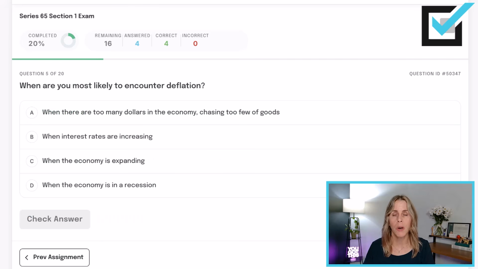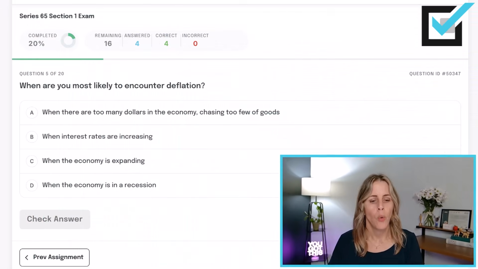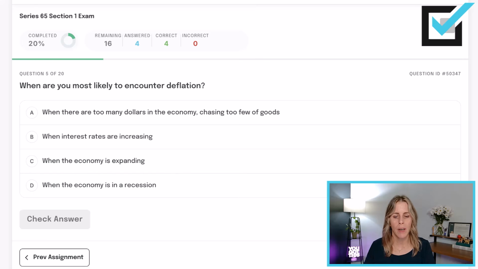When are you most likely to encounter deflation? Deflation, when things cost less, when there are too many dollars in the economy chasing too few goods, when interest rates are increasing, when the economy is expanding, when the economy is in a recession.